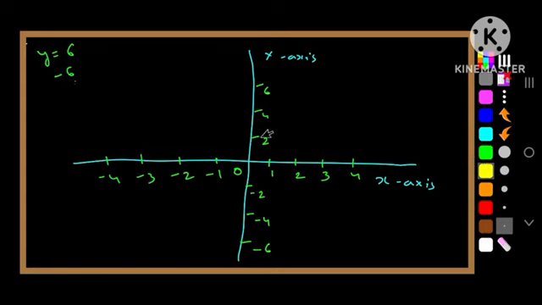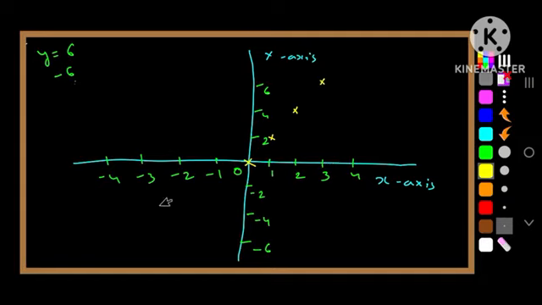Now I'll take the x and y values. For x is 0, I am getting y as 0, so I'll plot it here. x and y both are the same. For 1, the value is 2. For x is equal to 2, we are getting the value as 4, so I'll plot it here. For 3, I'm getting the value as 6.